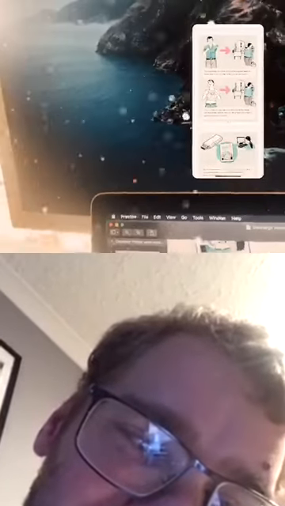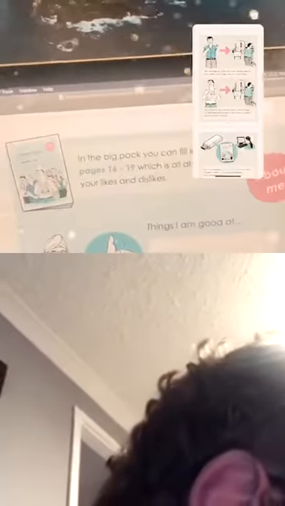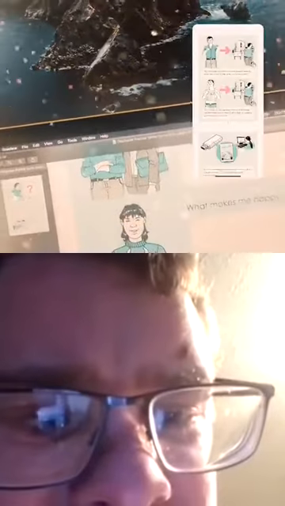So page number 8. I'll read it and then I'll have Hannah explain it to you later. Things I'm good at, things I need help with, what makes me happy.